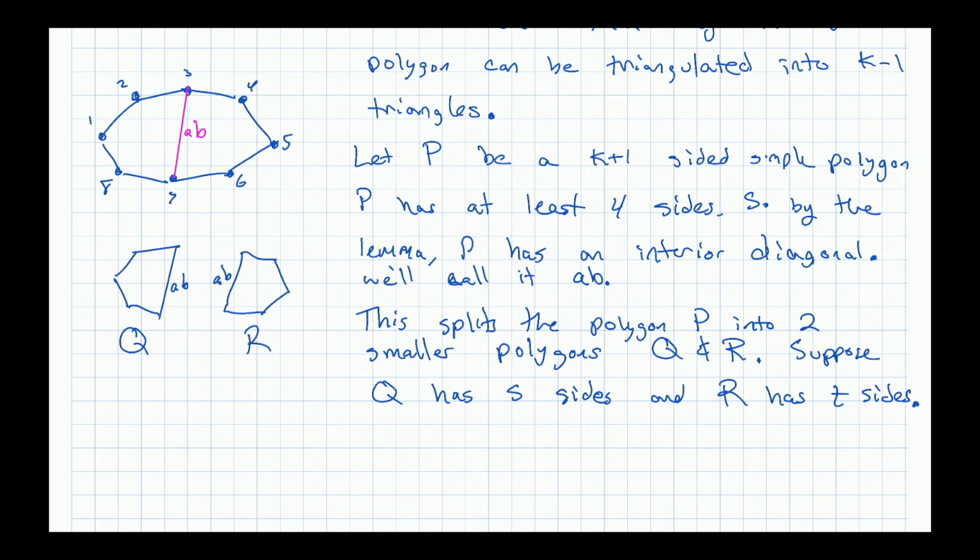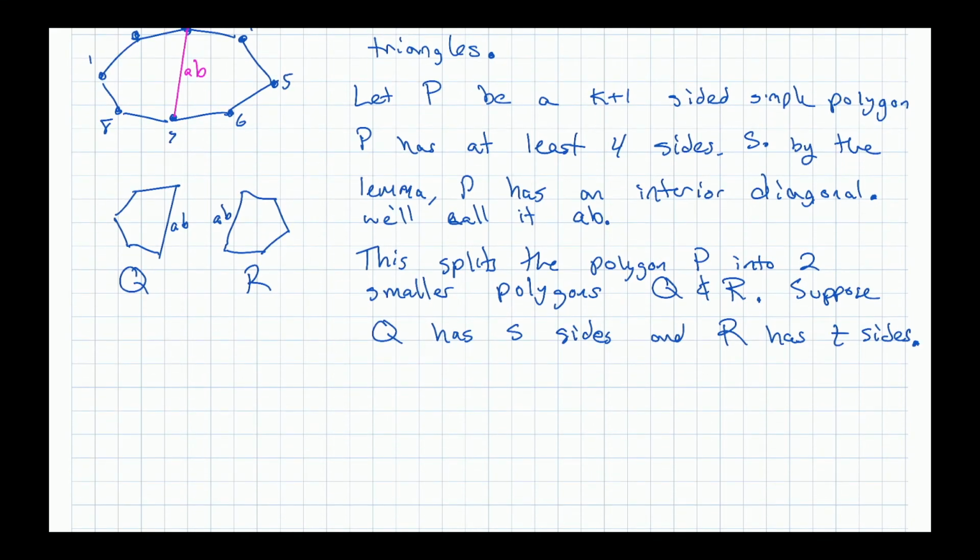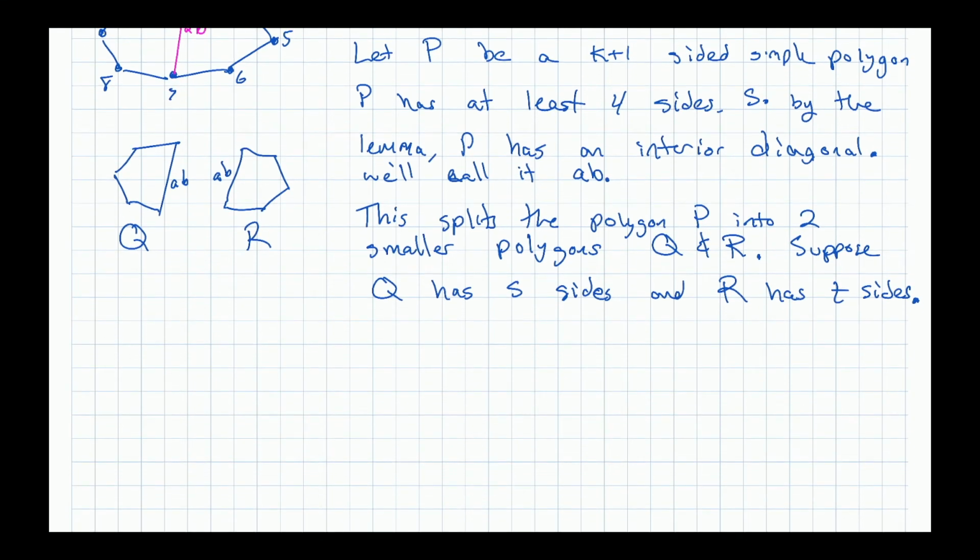And then that's R, right? So we're just cutting it at AB. All right. So this splits polygon P into two smaller polygons, Q and R. Suppose Q has S sides and R has T sides. All right. So there it is. What we need to do now is count up all of the sides. Okay.